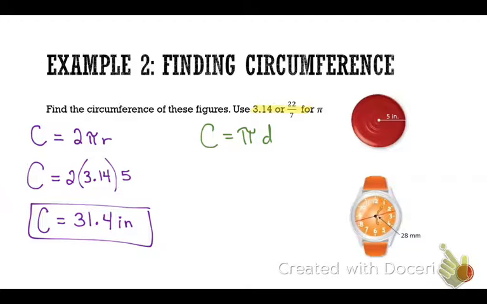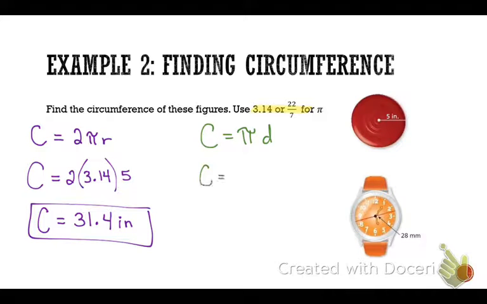Why are some of you saying fraction? Because the diameter is 28, and the radius is 14. Both are multiples of 7, so you do want to use the fraction. It just comes out to a cleaner answer.